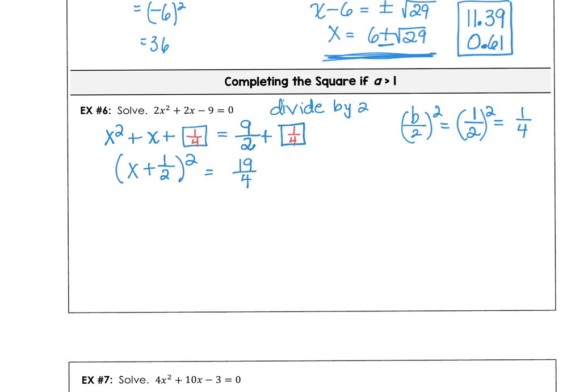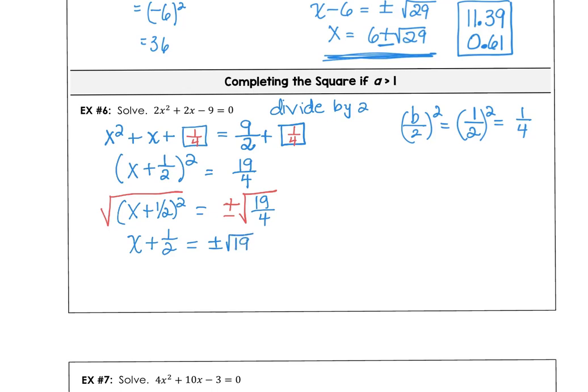Now we want to take the square root of the left and plus or minus square root of the right. So the square root of x plus 1/2, quantity squared, is x plus 1/2. The square root of 19 fourths, I can't take the square root of 19 without using a decimal, but the square root of 4 is 2.